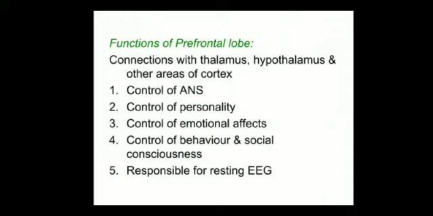It controls some of the higher intellectual activities, personality, emotional effects, behavioral and social consciousness, and it is responsible for the resting EEG. These are the important functions of the prefrontal lobe.